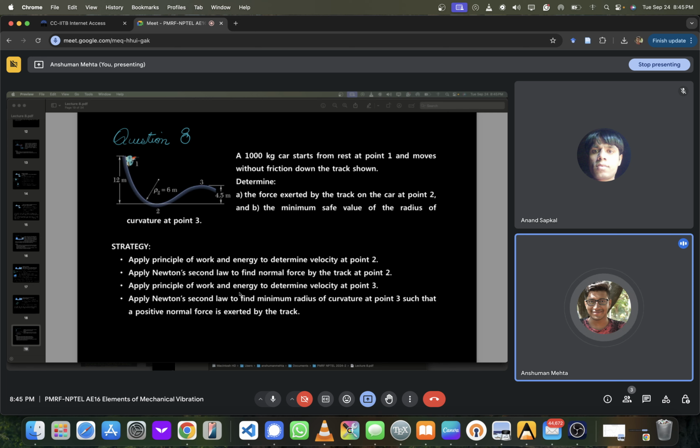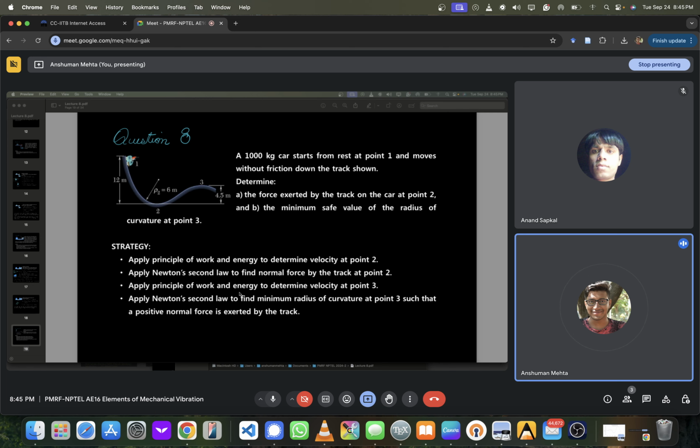So again, the strategy is to apply the principle of work and energy to determine the velocity at point 2. Then apply Newton's second law to find the normal force by the track at point 2. Then apply the principle of work and energy to determine the velocity at point 3.